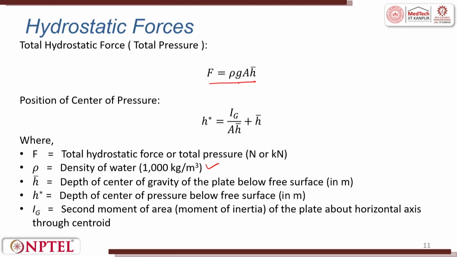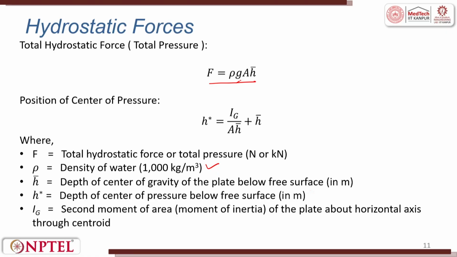Then G, because we are talking about hydrostatic forces acting upon or against gravity, G will also come into play, right. Then A is area upon which this fluid is acted. H bar is depth of center of gravity of the plate below the free surface.